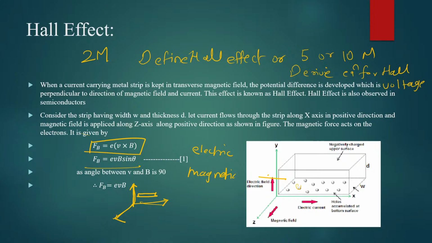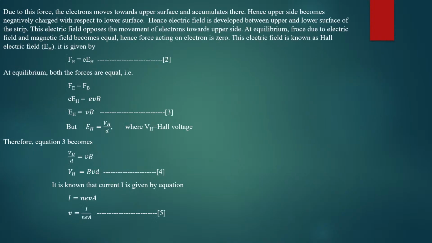If the angle between V and B is 90 degrees, sine 90 is 1, so the force due to the magnetic field is Fb equal to e v B. The force due to the electric field is Fe equal to e E_H. So the magnetic force is evB and the electric force is eE.